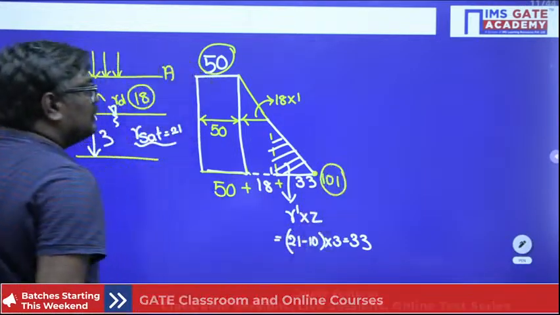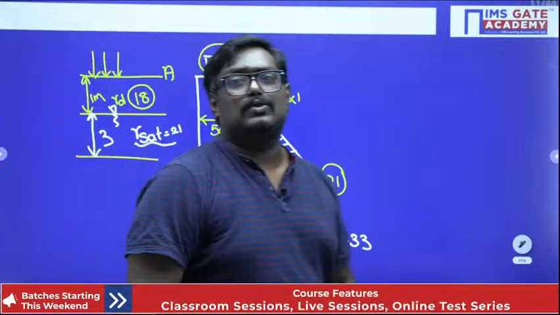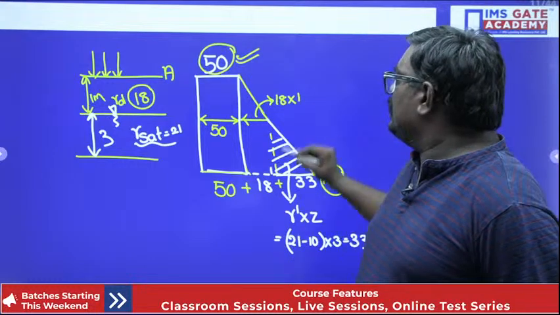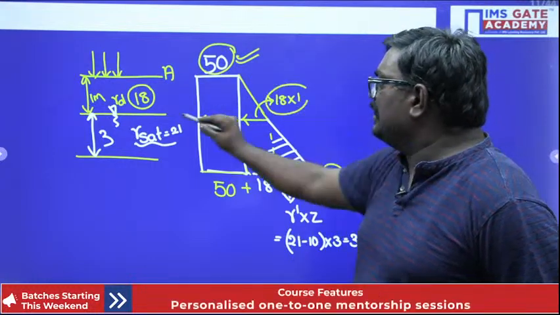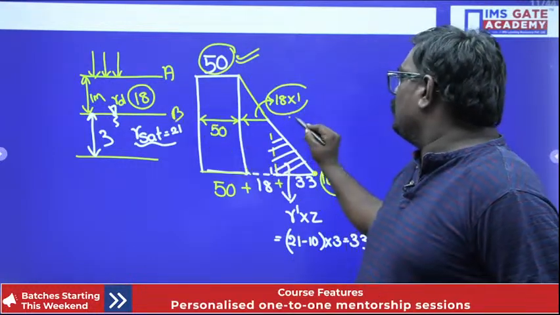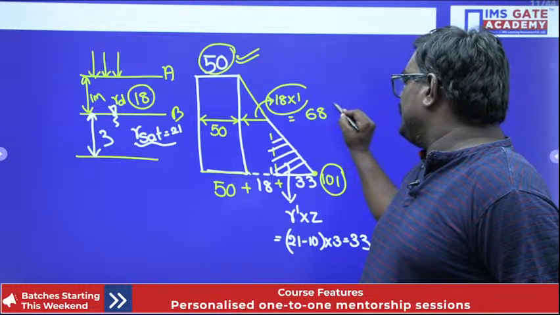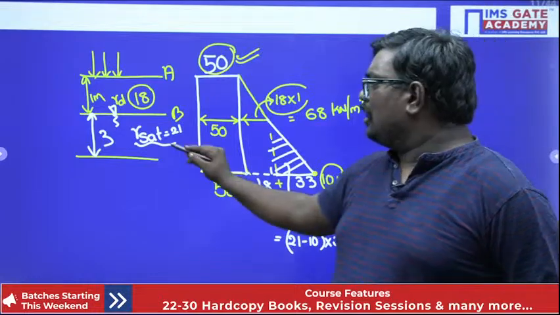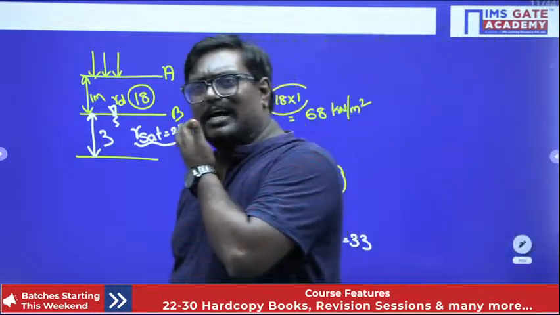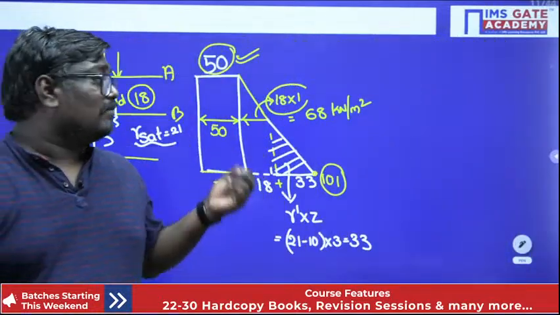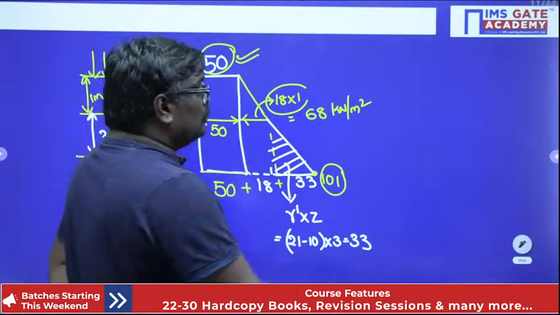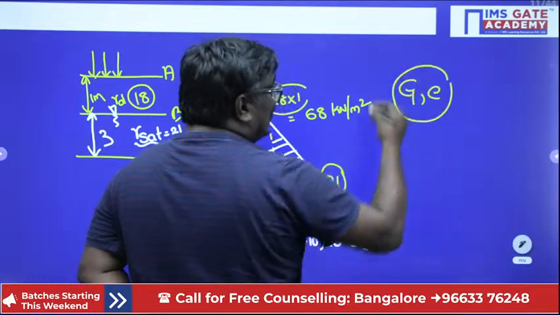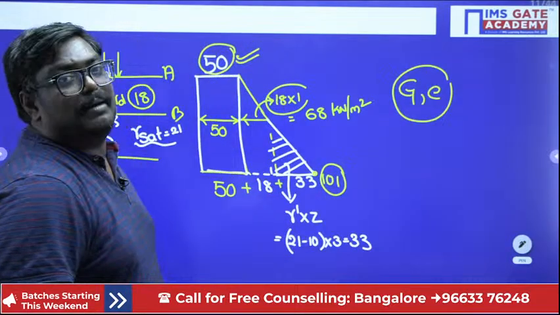So they can ask you, what is the effective stress at the top? It is 50. What is the effective stress at the middle layer, that is B? It is equal to 50 plus 18, 68 kilonewton per meter square. And see students, they can ask you, beautiful thing, they will give you the specific gravity and void ratio, and they will not give you gamma D and gamma sat.